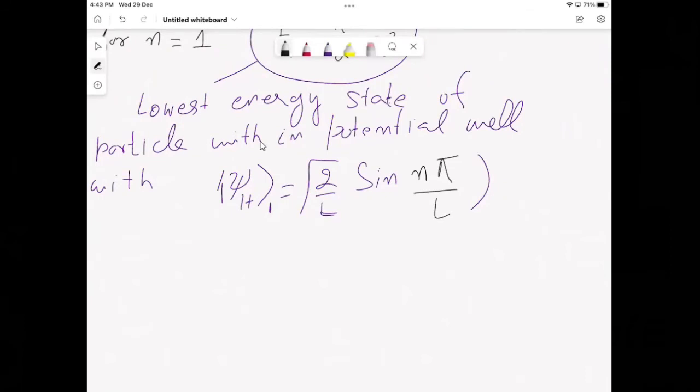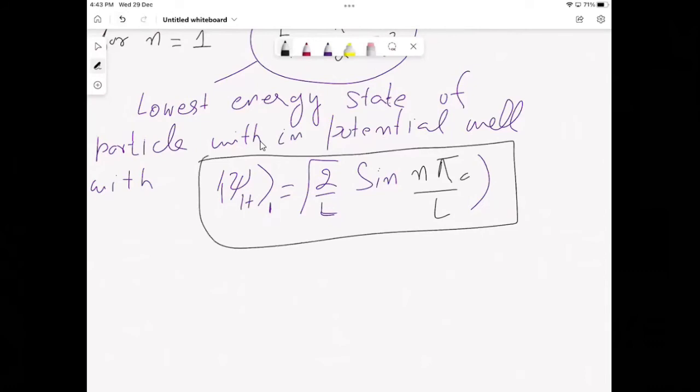This is the eigenstate of the Hamiltonian. Yes, the q will be multiplied, and there will be no 2. And if we draw the graph, this will be the value of psi h.